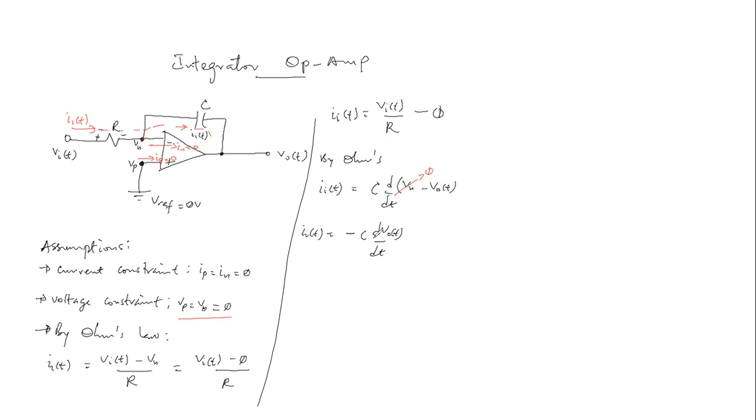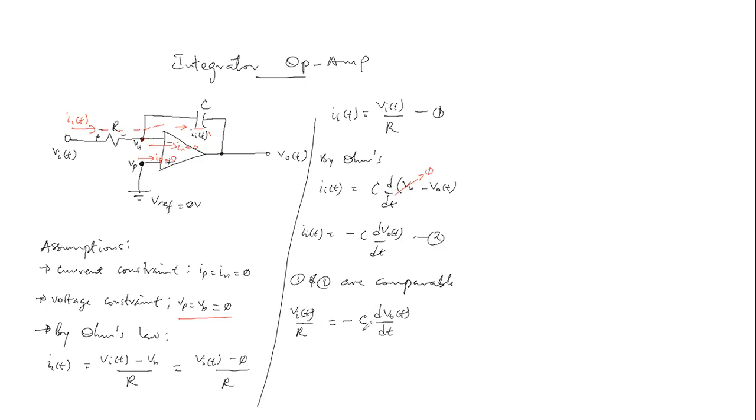Now that we have established that, should we call this equation 2? You will observe that equation 1 and equation 2 are the same because that is the same current flowing through. So since equation 1 and 2 are comparable, therefore V sub I of t over R will be the same as negative C dV naught of t dt.